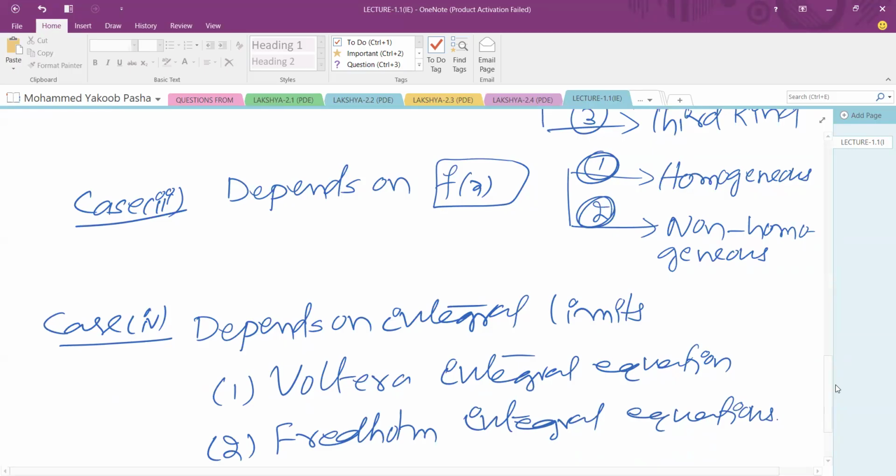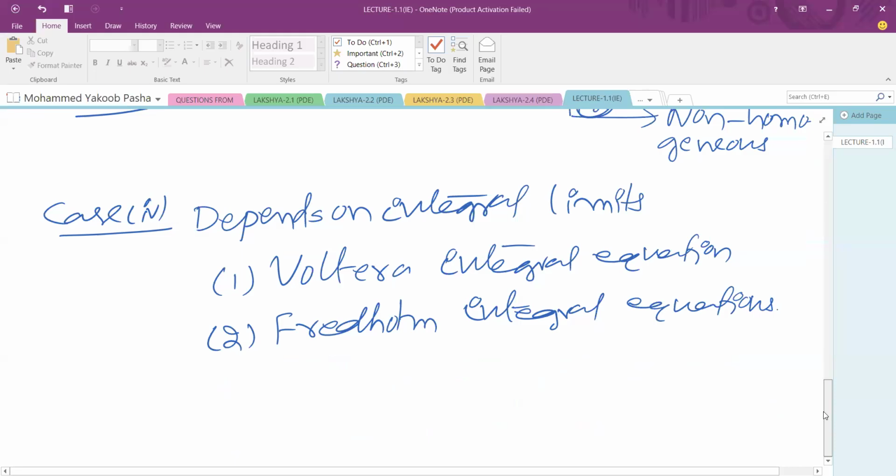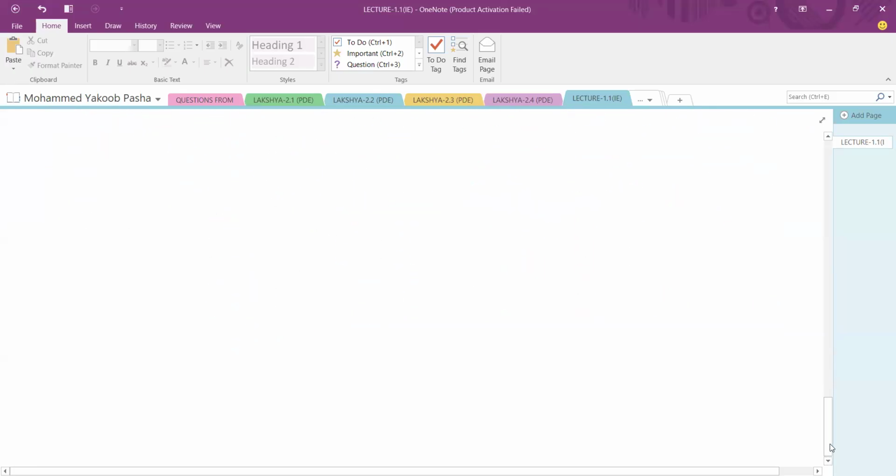And a very important case is the Volterra integral equation and Fredholm integral equation, which depends on integral limits. Okay, you can see the definitions one by one. First, see the linear integral equation.